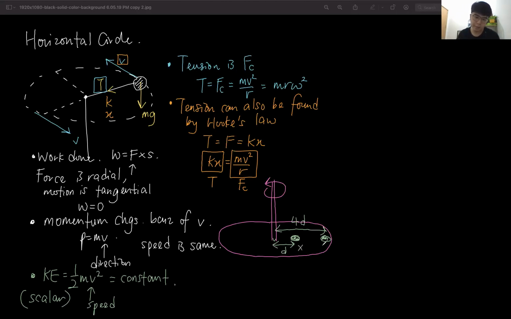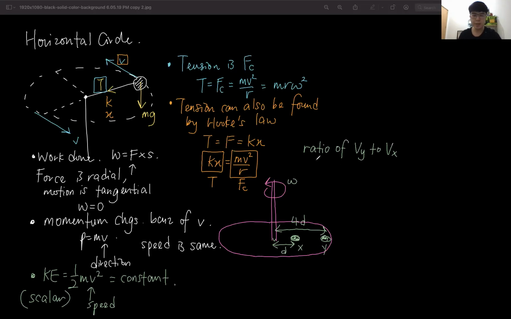This is x, this is y. I spin it with a constant angular velocity. Find the ratio of the linear velocity of y to the linear velocity of x, Vy to Vx.